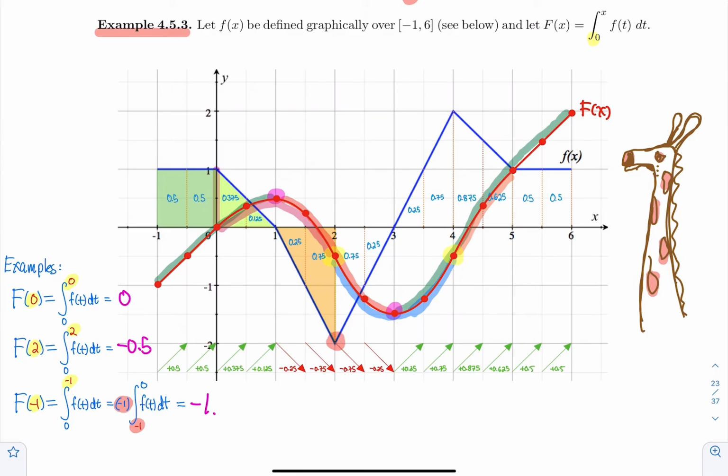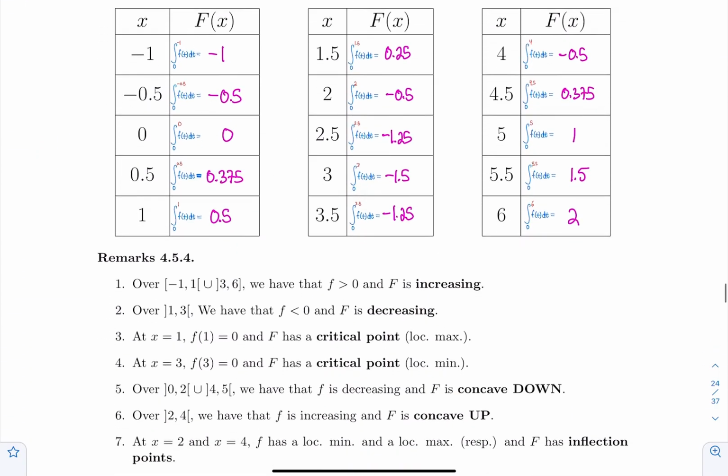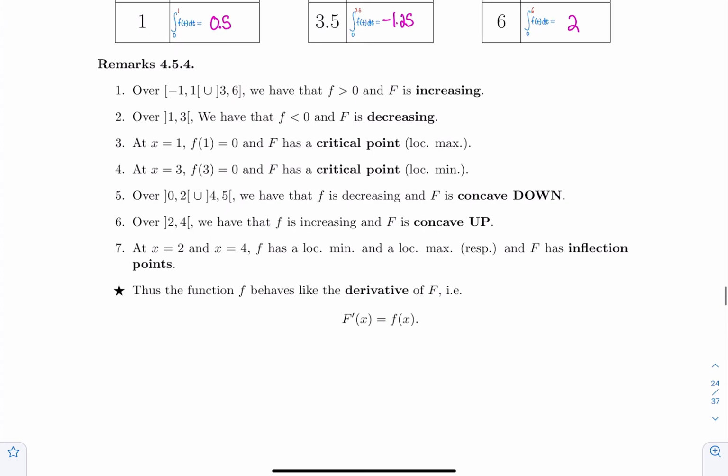So all that just to say that the function big F and small f have a relationship. Small f is really acting like the derivative of big F. So like this very important remark here, I took the time to write a star. The function small f behaves like the derivative of big F, or in other words, if you compute big F prime, you're going to get small f.